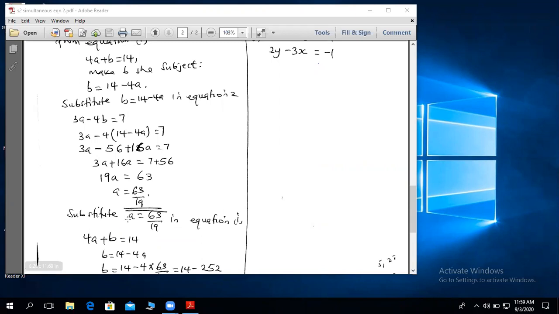When we get the value of a, then we substitute in any equation of our choice to get the value of b. Me, I have chosen equation 1.